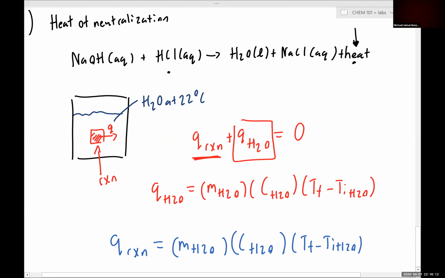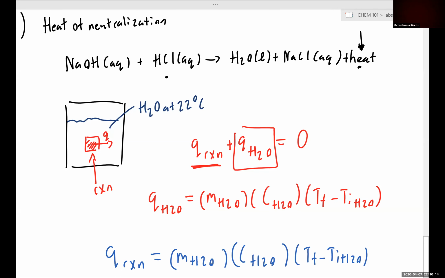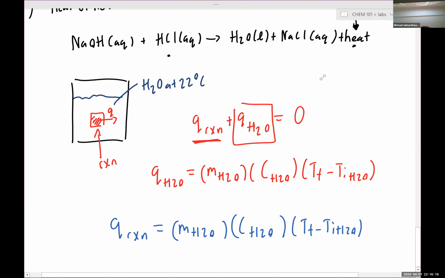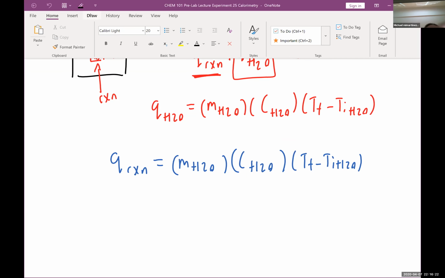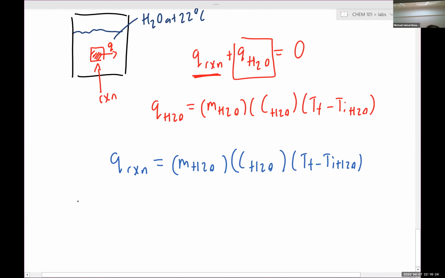Okay, so let's continue on. So let's draw a picture of what's going on so that way everyone can help visualize and understand what we're measuring in this experiment. So we have our hydrochloric acid in water.